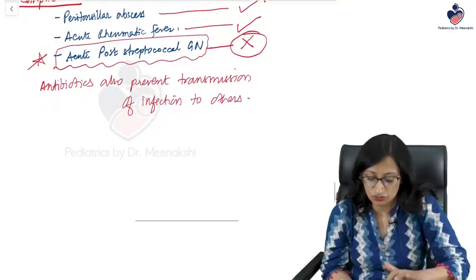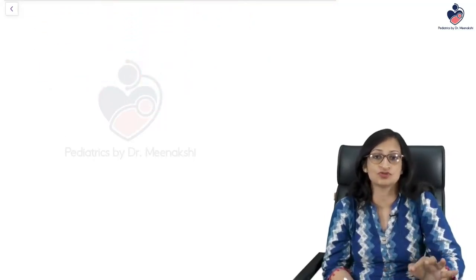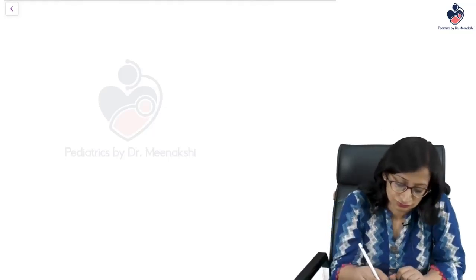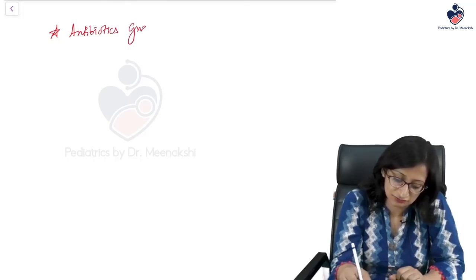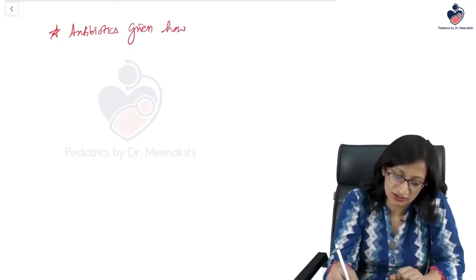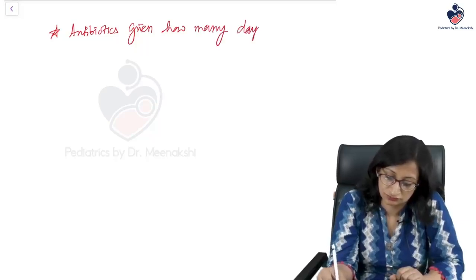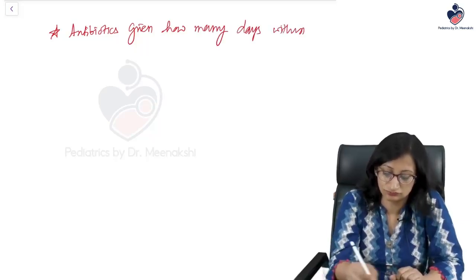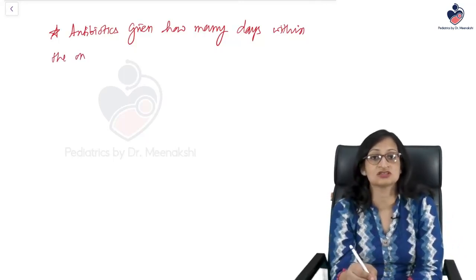Another important MCQ is, antibiotics given within how many days of onset of streptococcal pharyngitis protects against rheumatic fever? The answer is 9 days.